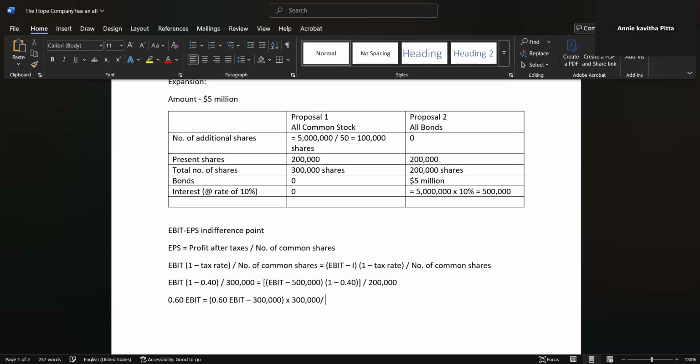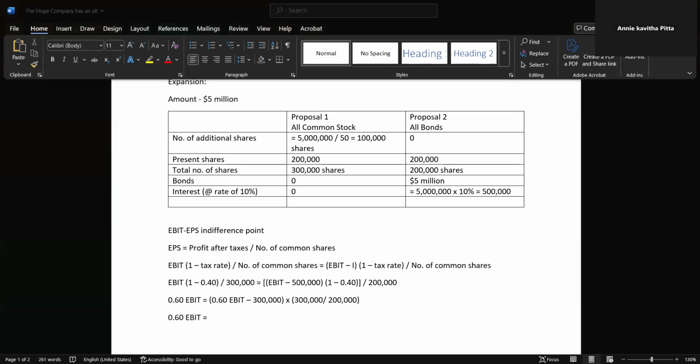So in simple terms, we can put it as 3 by 2, or it would become 1.5. Now simplifying this further, it would be 0.60 EBIT is equal to 1.5 into 0.60. Just check that calculation: 1.5 into 0.60 gives us 0.9.